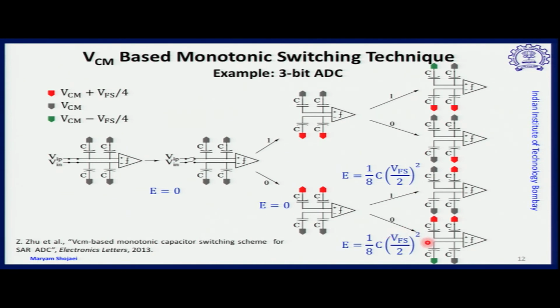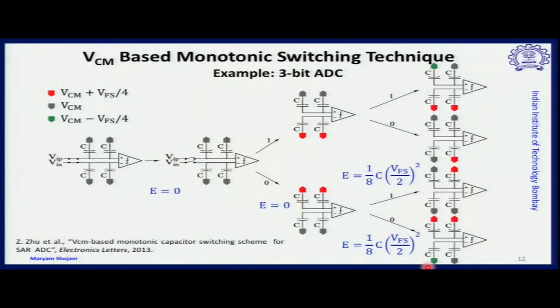That means we have to reduce the voltage of the negative half circuit. This can be done still with one capacitor switching to move to the next range, which is half of the current range. And because we already have VCM available, we can simply switch it to VCM minus V full scale by 4 to reduce the voltage at the negative terminal of the comparator.